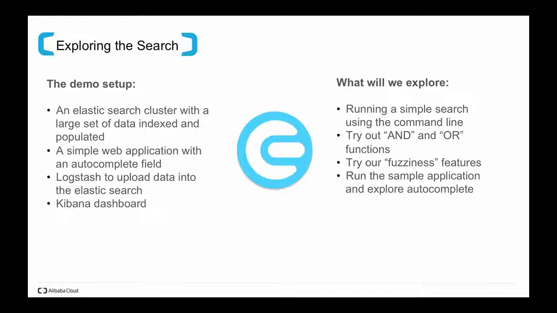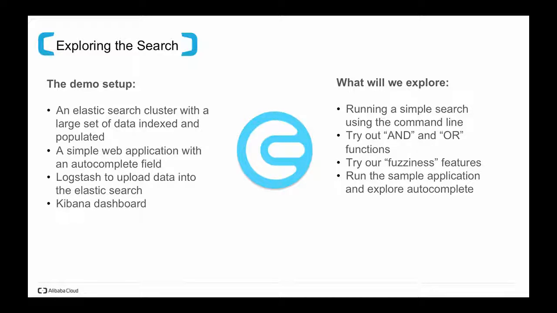We have also deployed Logstash that we have used to import this data into Elasticsearch, and there is also a Kibana dashboard available. So what are we going to do through this demo? We are going to run a few simple search queries using the command line.